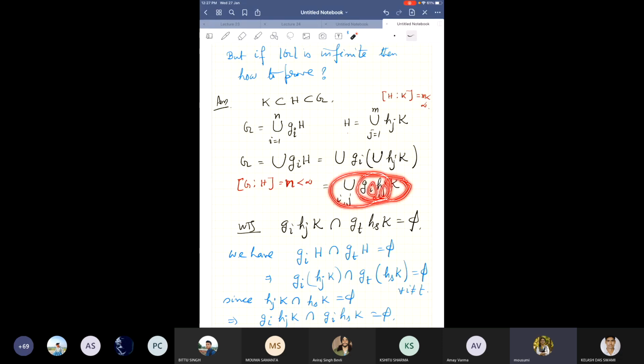So these are elements of G. Is it fine? Yes, ma'am.